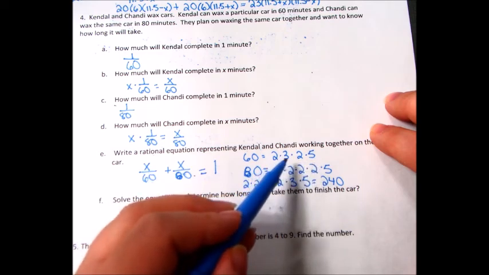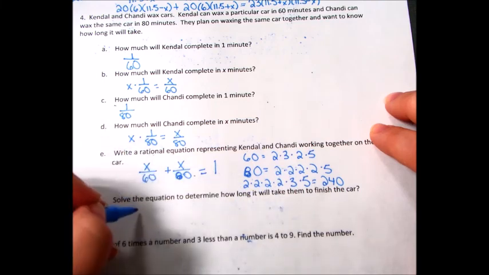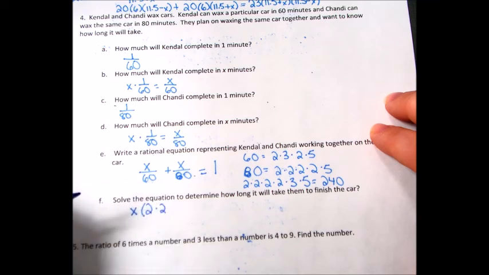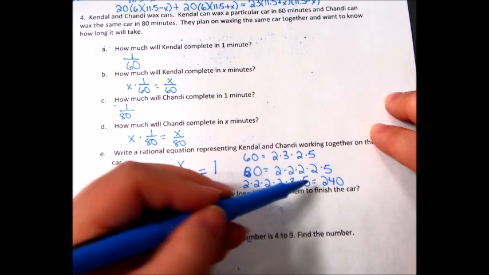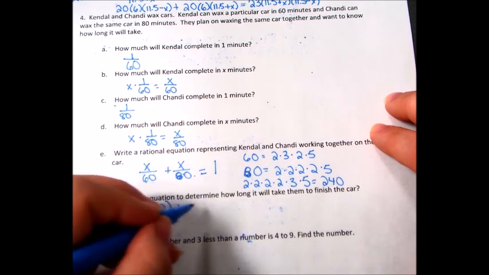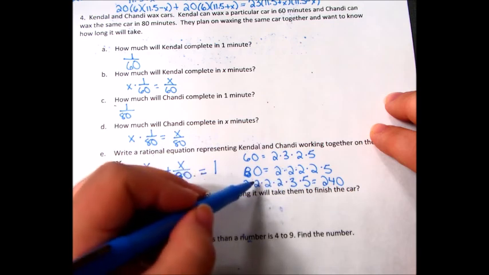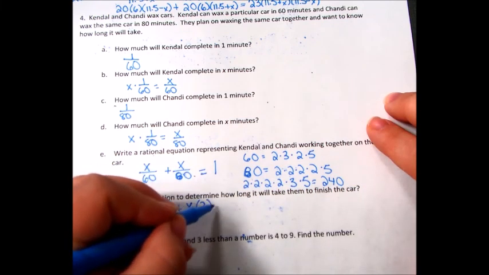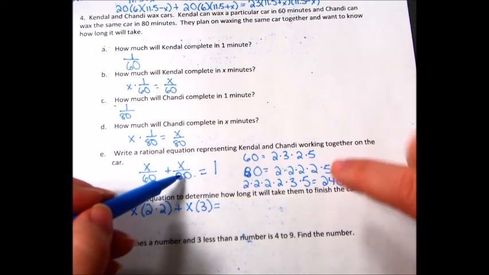So the x is going to be multiplied by 2 more 2's. It already had a 3, and it already had the 5. The 80 had all 4 of the 2's. It already had the 5, but it did not have the 3. Or you could ask yourself, 80 times what is 240? And finally, the 1 didn't have any of it.